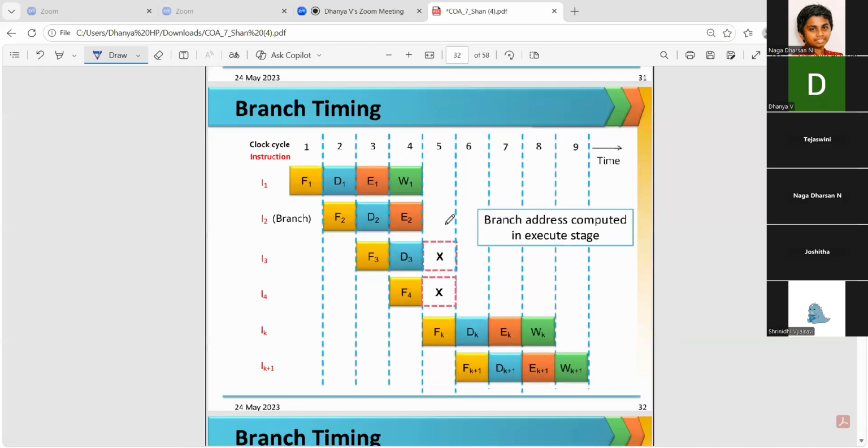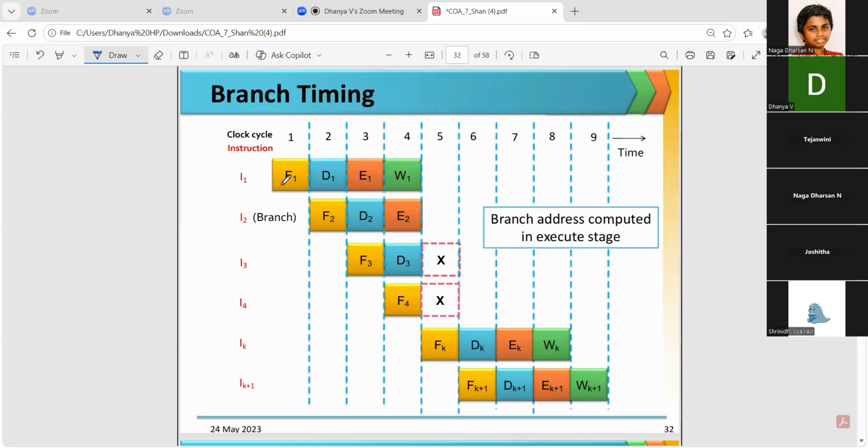So this is what I said. Let's say your branch condition. Here there is 4-stage pipelining, so your branch condition is computed in the execution stage. It will tell you to jump from this statement to this statement. Let's say we are jumping to this statement.